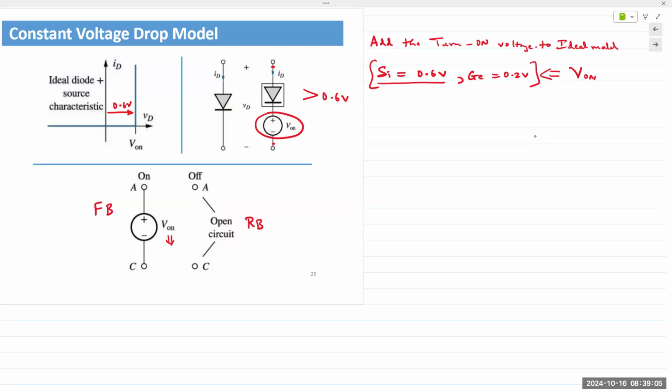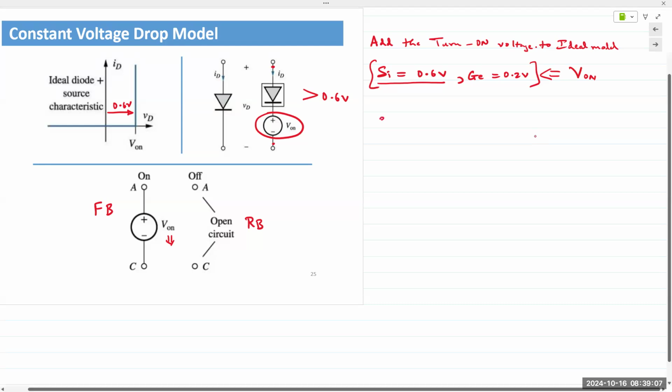So in the previous example, we had the diode that was forward biased. If we replace that with a constant voltage drop model, we could draw the circuit like this. Instead of a short circuit, we now have a voltage source that is required, with the anode positive and cathode negative, so plus minus 0.6.